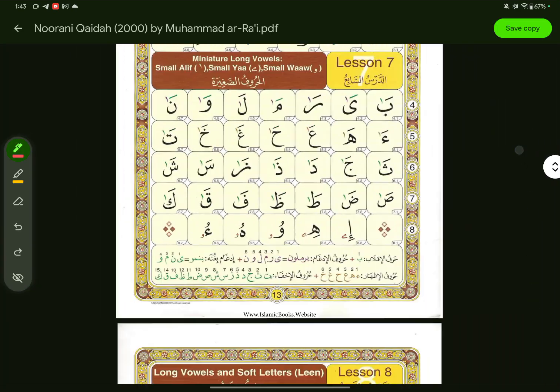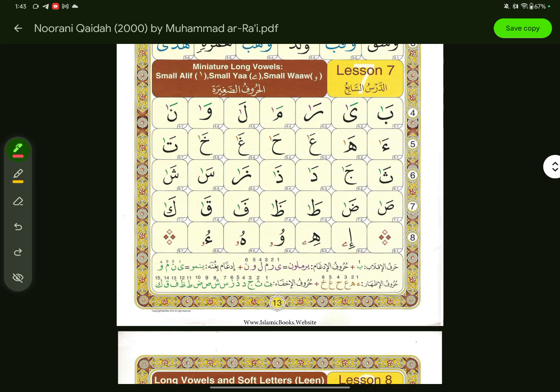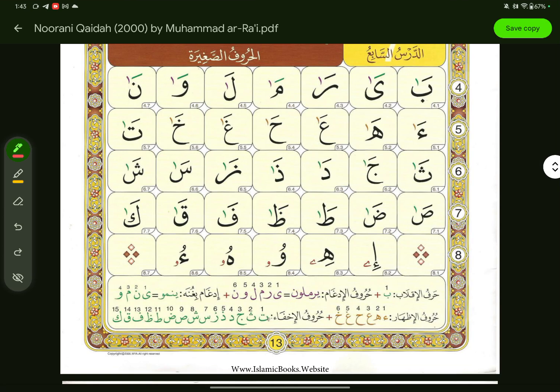All right. Alhamdulillah. So now let's look at a thing that we're not really going to use as much in the type of course that we're doing, but this is important for the Quran. These little signs here are important for the Quran. And what are these?